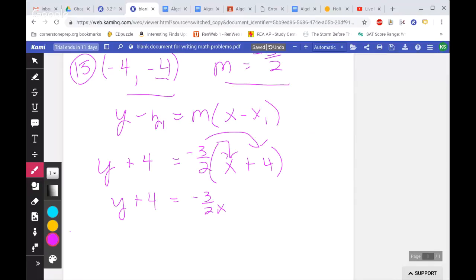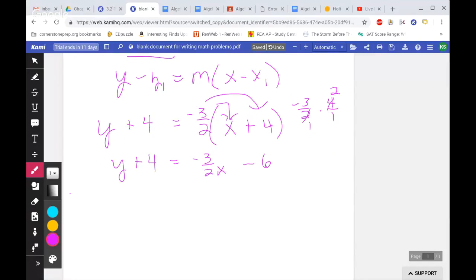So I'm going to do my side work over here. This is me distributing the -3/2 to the 4. But basically what we're doing is multiplying. So simplify before you multiply. So -3 times 2 is -6, all over 1 is just a -6.